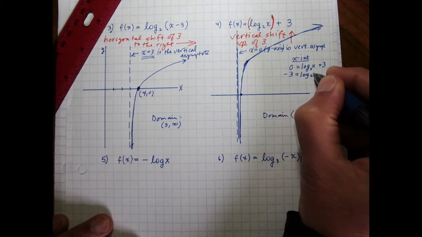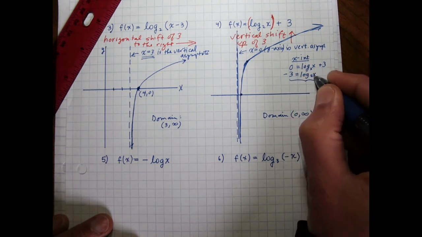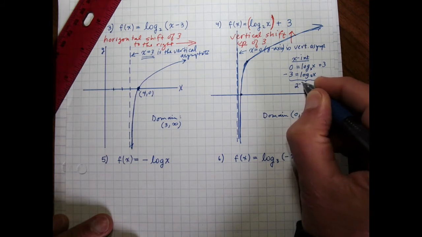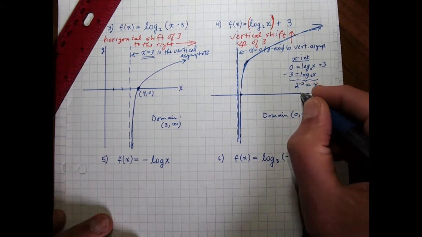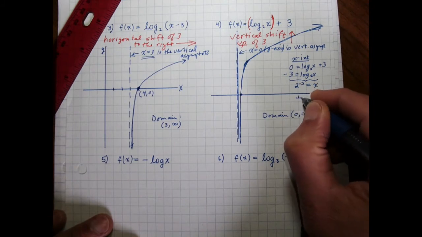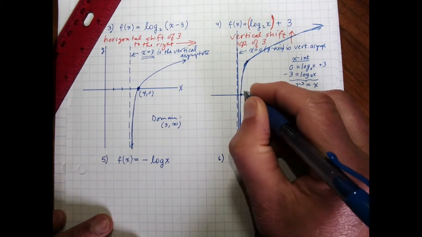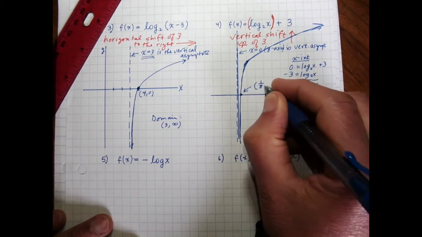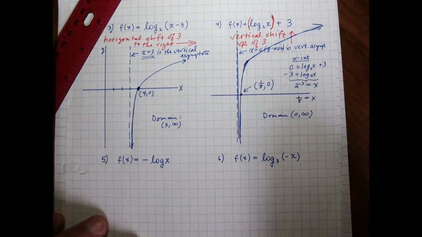So negative 3 is log base 2 of x. Translate to exponential: 2 to the negative 3 power is x. 2 to the negative 3 is just 1/8, so x is 1/8. So this point here, the x-intercept, is going to be 1/8, 0. So we can find that point.